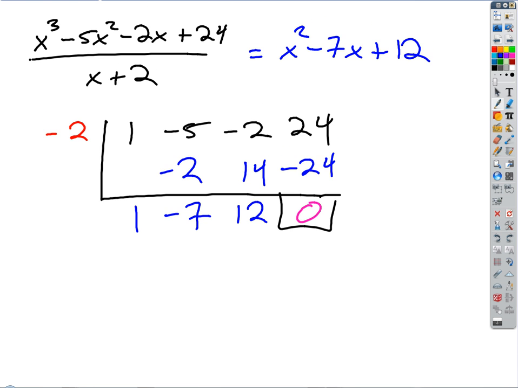So, this is our answer, but now I want you to see something here. This is a really key relationship. We found that when we divided our original polynomial by x plus 2, we got that answer, right? Isn't that the same thing? I'm going to make this red so we can color code things and track what we're doing.